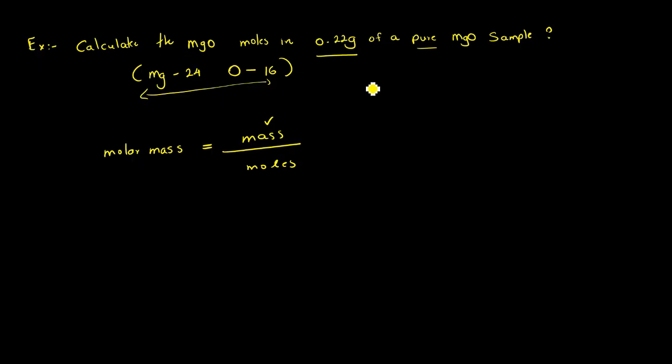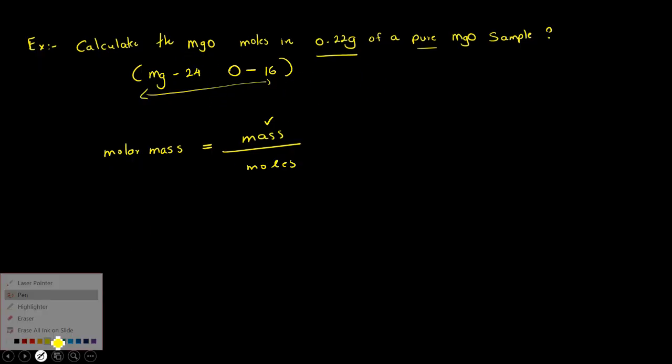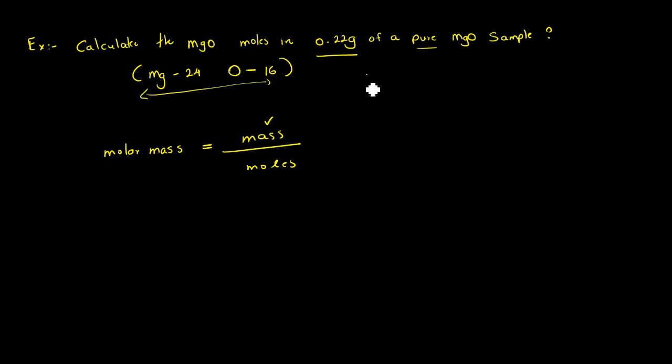In magnesium oxide, let me take the white color, you have 1 magnesium atom and 1 oxygen atom. This is not 10, it's oxygen. You know the mass number of magnesium is 24 and the mass number of oxygen is 16.